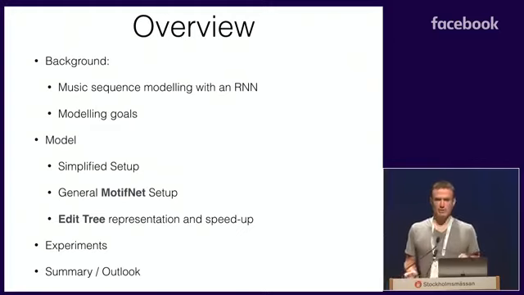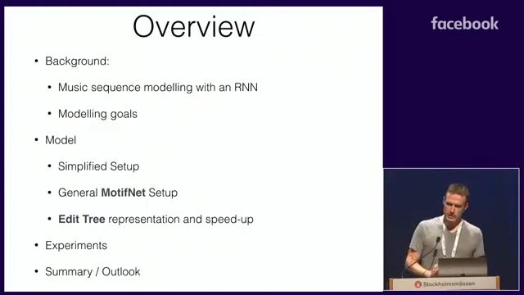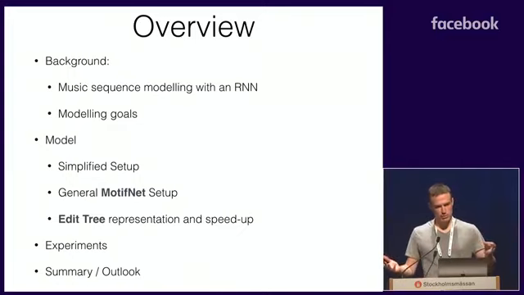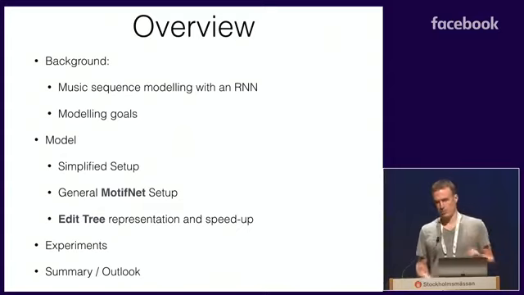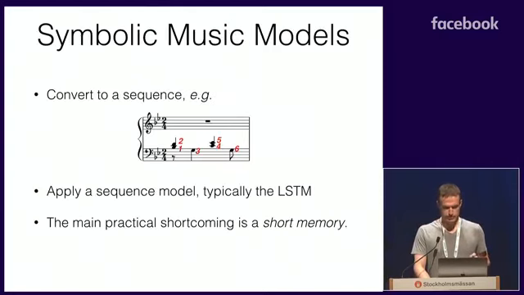And then we'll essentially generalize all the components of that by replacing them with learned neural net architectures to develop the MotifNet. We'll see that in the MotifNet, there's a particular computational dependency which lends itself pretty well to a certain data structure which we call the edit tree. So we'll spend a few minutes talking about the edit tree and take a look at some experiments and wrap up.